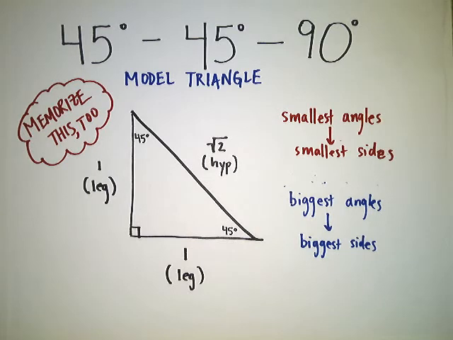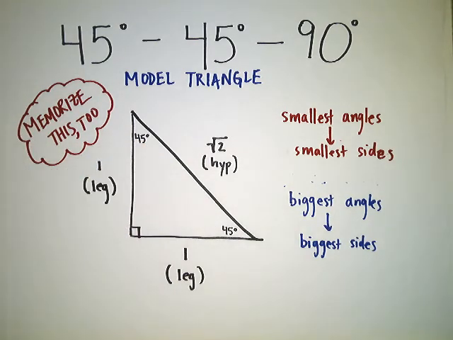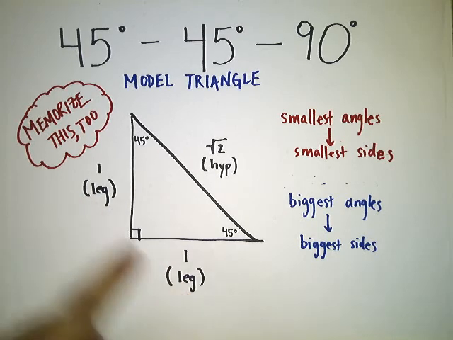Again, we call it the 45, 45, 90 because of its angles: 45 degrees, 45 degrees, 90 degrees. In this triangle as well, let's take notice of the sides. We have two legs that are the same length.